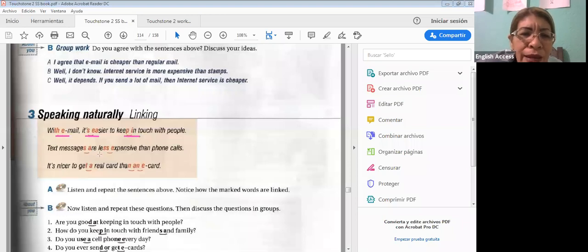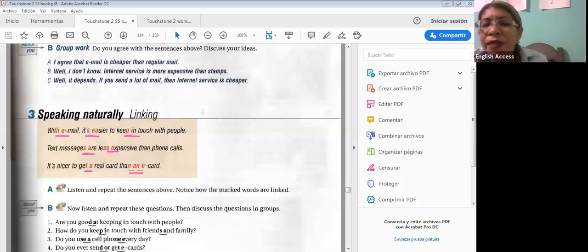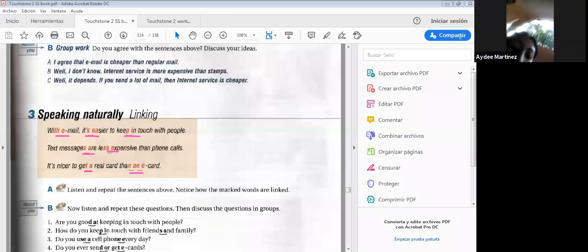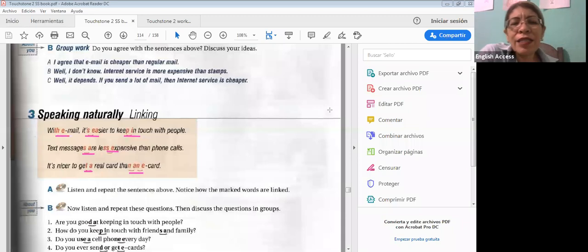Can you see we have a line below these phrases? Less expensive, get a real card than an e-card. With these lines below, we are trying to say that we're going to link both ideas.